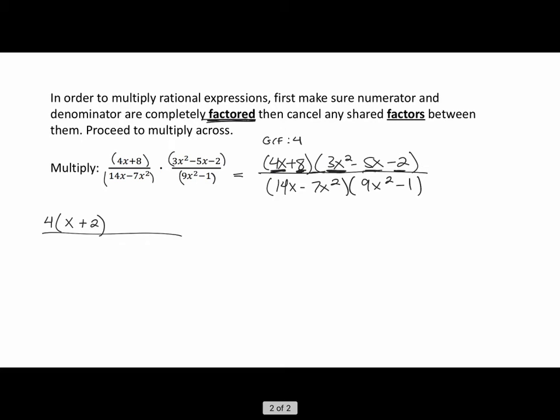So then let's look at the other factor in the numerator. 3 terms, no common factors, so we're going to have to unfoil this trinomial. We want factors of the first term and last term, and we're going to look for a sum of the middle term. So 3 is prime, 2 is prime, so it's a question of whether I put it here or the other way. So let's see.